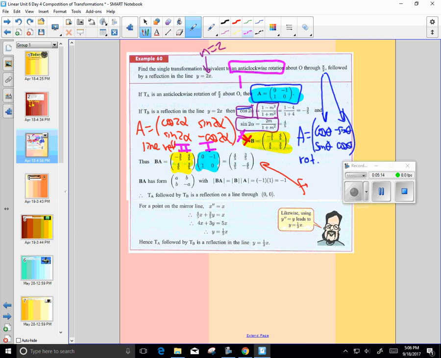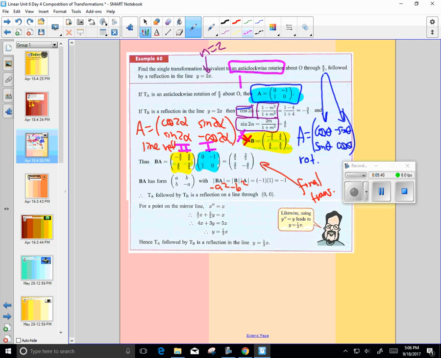The final transformation. Now the question says, find the single transformation equivalent. So we need to recognize, what is this? When I look at this and do the determinant of it, the determinant is negative a squared minus b squared.